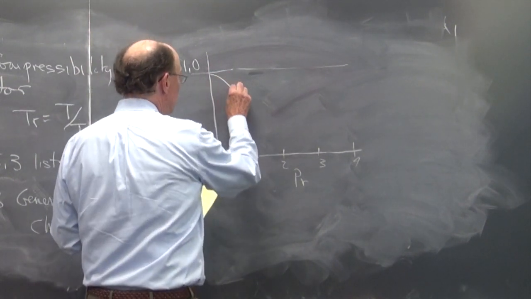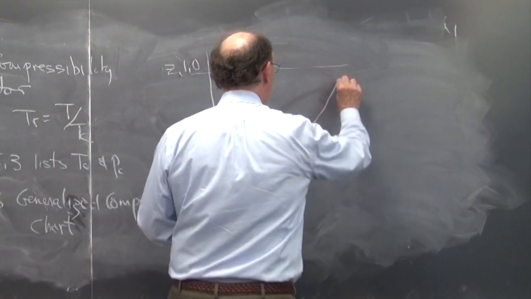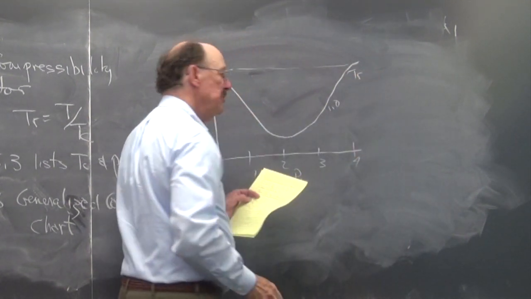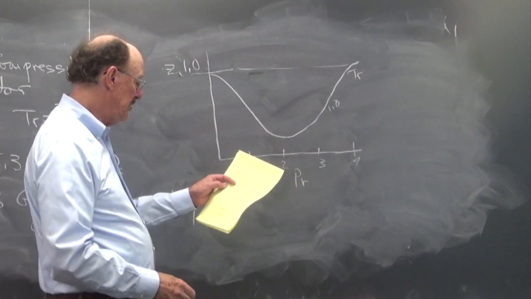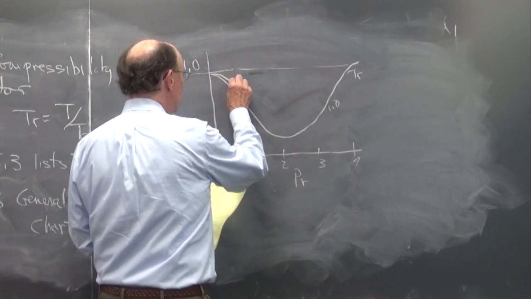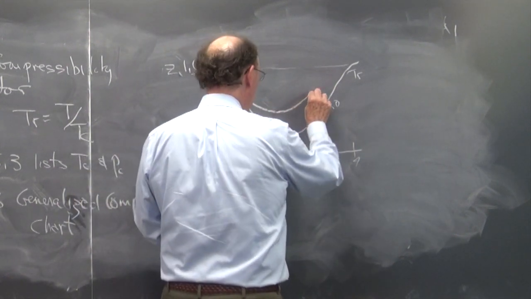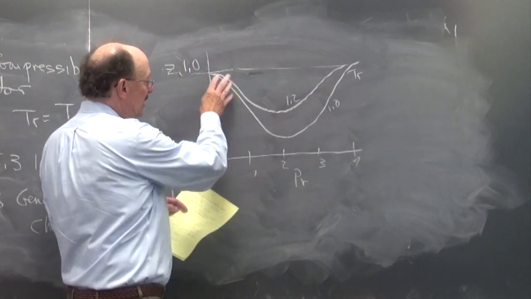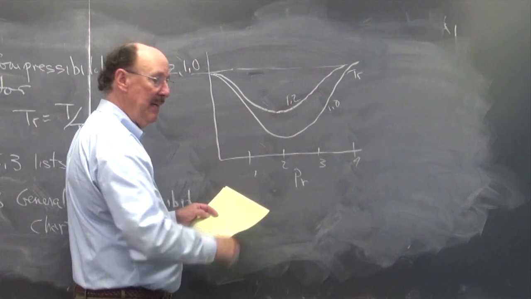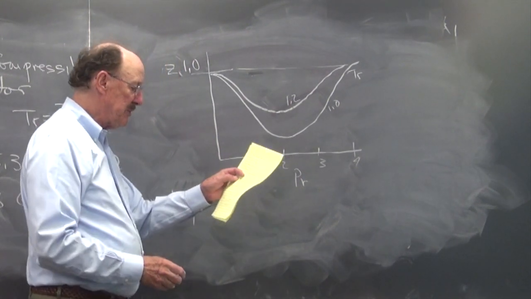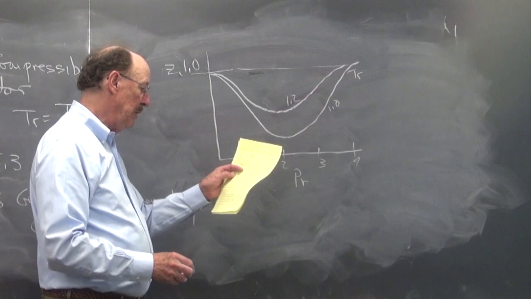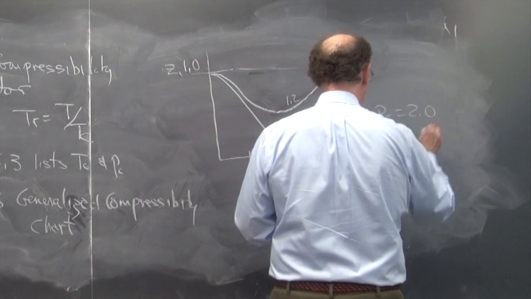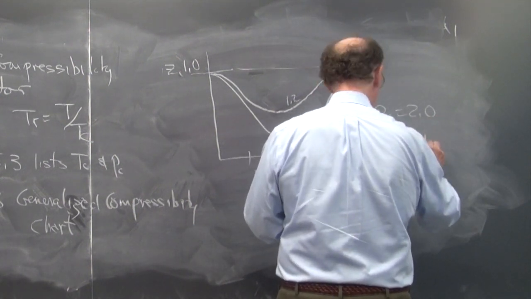So T sub R is something that goes like this. It'll say 1.0, and this is T sub R, and then something that looks like this, 1.2. And so when you look, you'll see these curved lines look like that. Let me give you T sub R is equal to 2. T sub R is equal to 1.2.